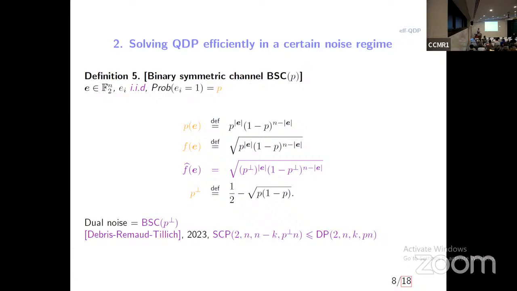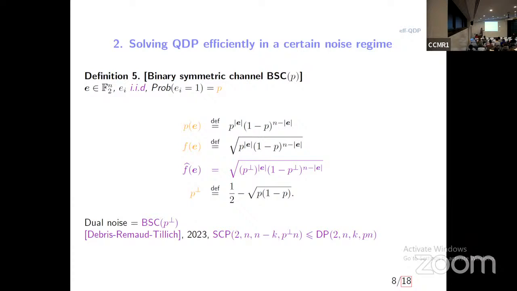So in some sense, you transform this Bernoulli distribution into another Bernoulli distribution. So if this Bernoulli distribution actually has small weights, let's say you typically output vectors of weight P times N, this one is going to output vectors of weight P orthogonal times N. So you get exactly what I said.